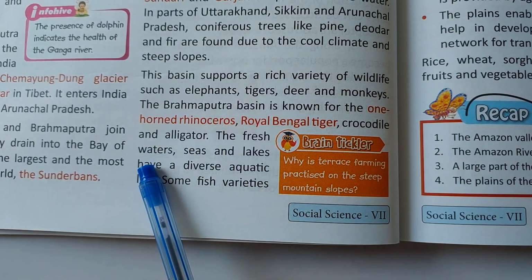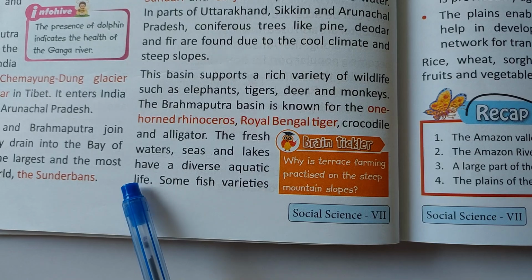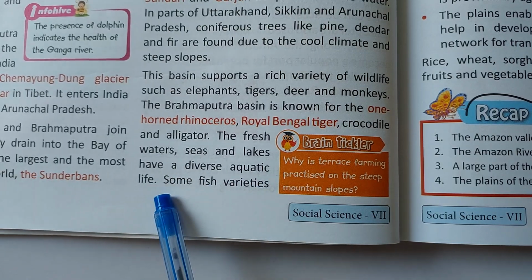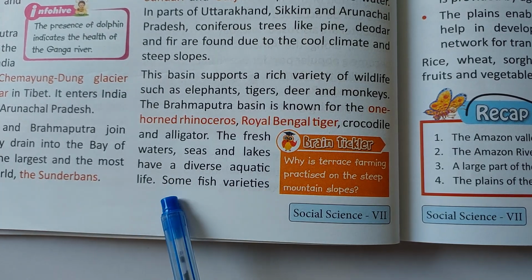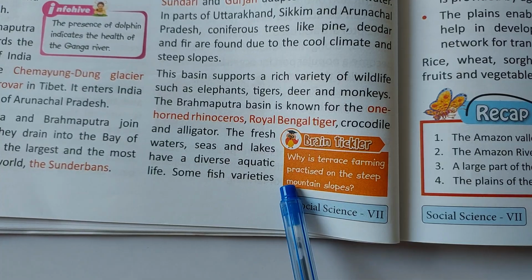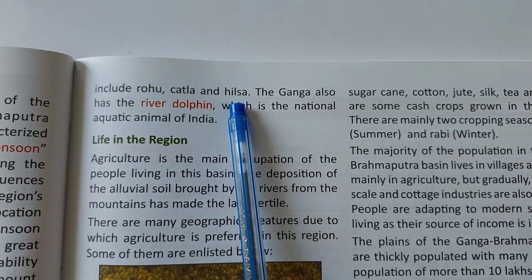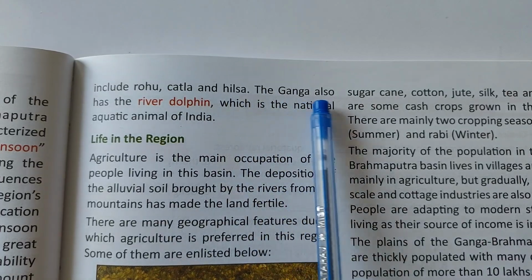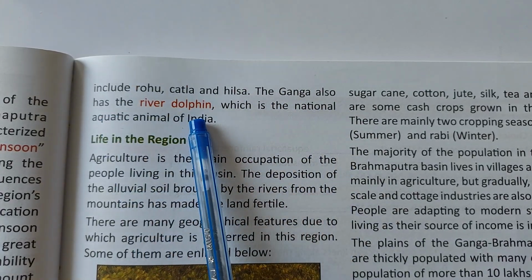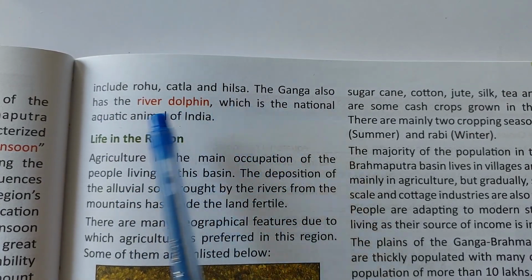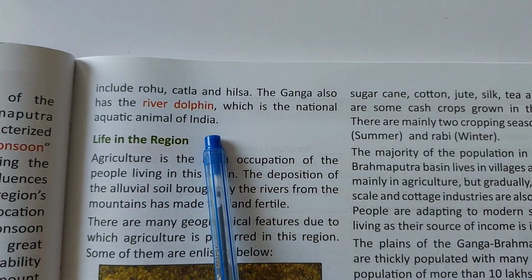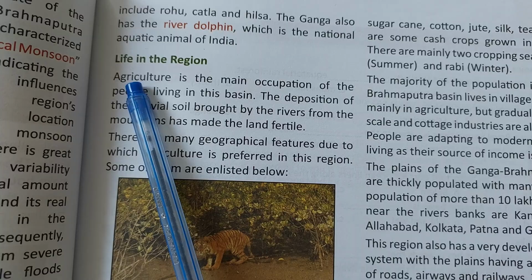The freshwater seas and lakes have a diverse aquatic life. Some fish varieties include rohu, katla, and hilsa. The Ganga also has the river dolphin, which is the national aquatic animal of India.